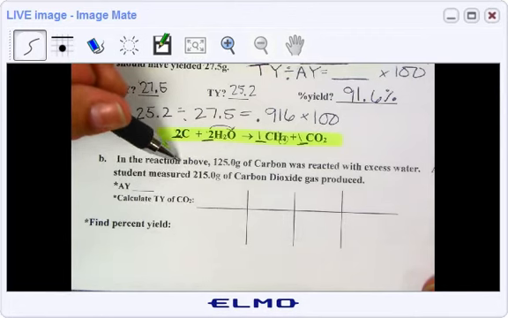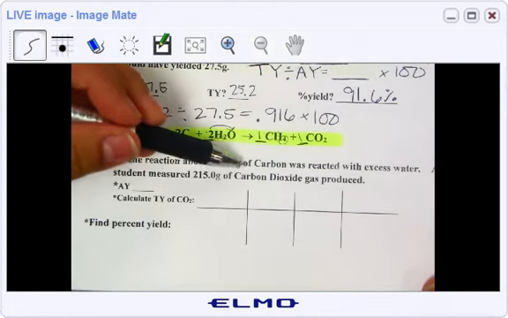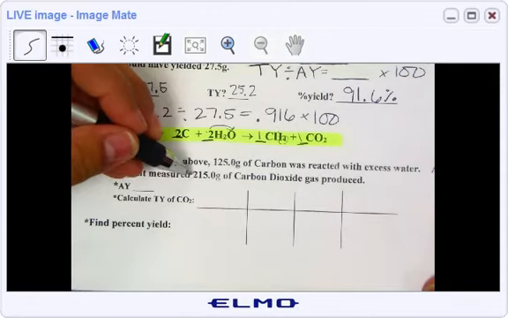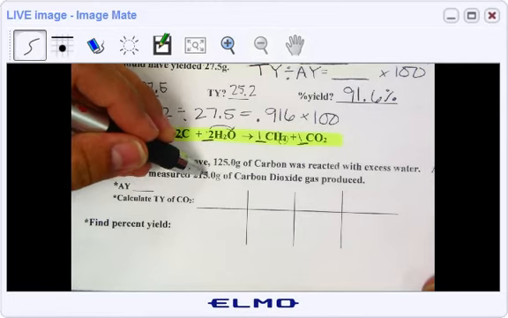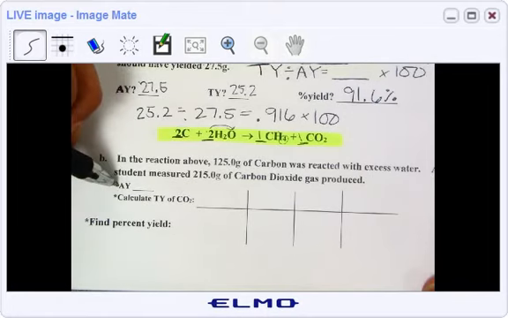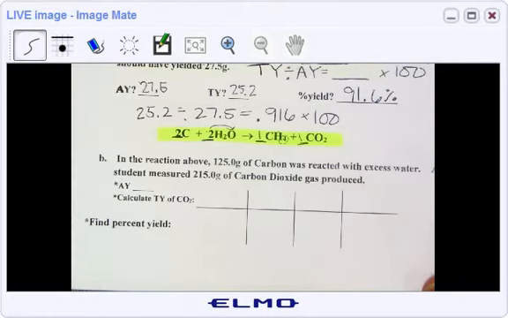In the reaction above, 125 grams of carbon was reacted with excess water. A student measured 215 grams of carbon dioxide gas was produced. So it wants the actual yield and to calculate the theoretical yield of carbon dioxide.